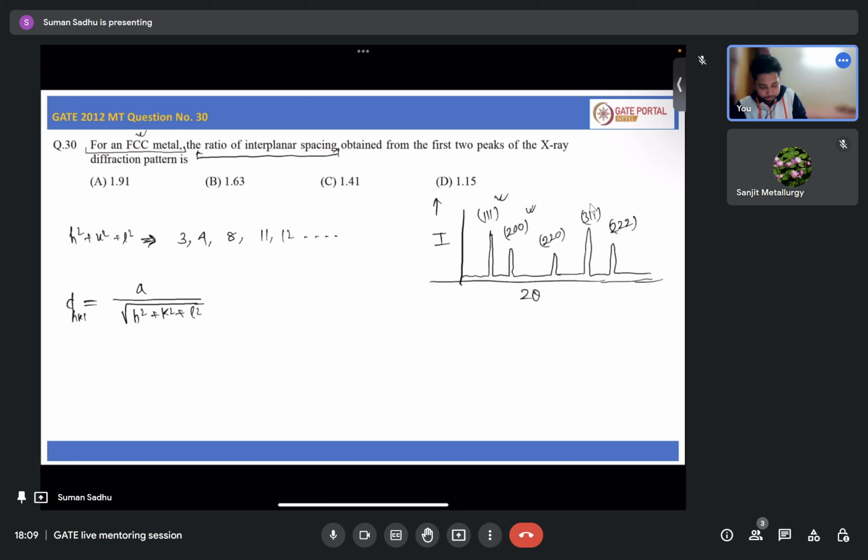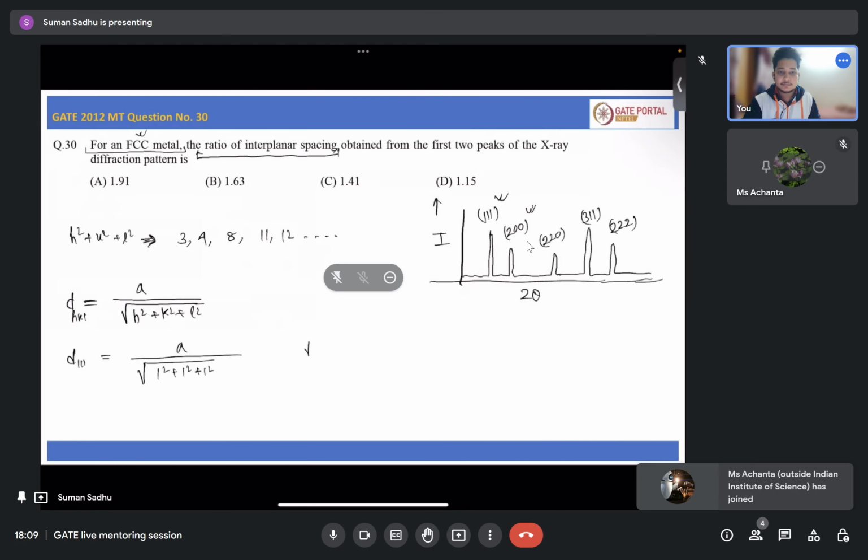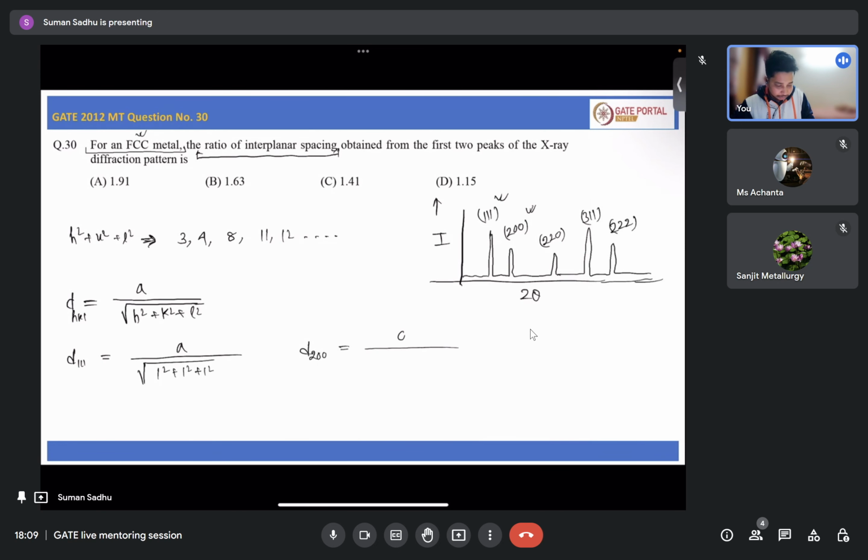So for the first peak, it will be d111 is equal to a by root over of 3, and for the second peak, it will be d200, that is equal to a by root over of 2 square plus 0 square plus 0 square.